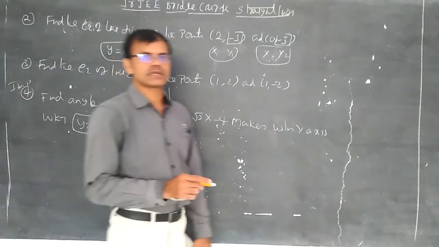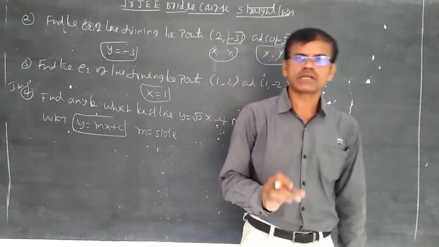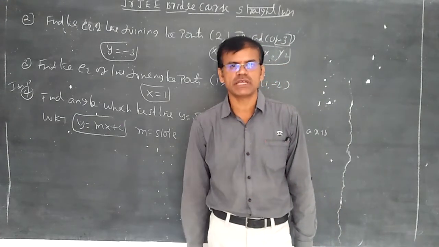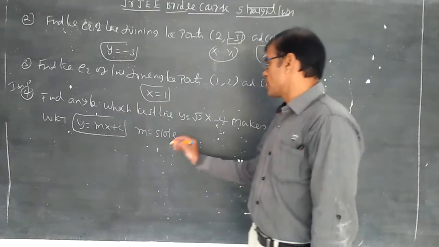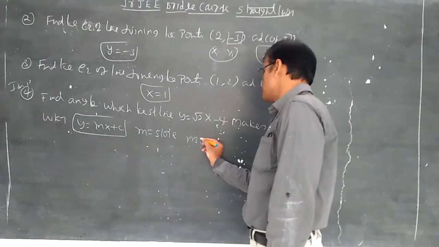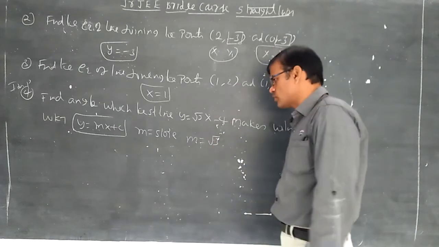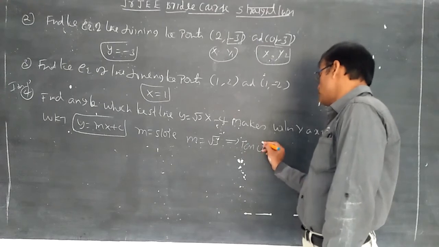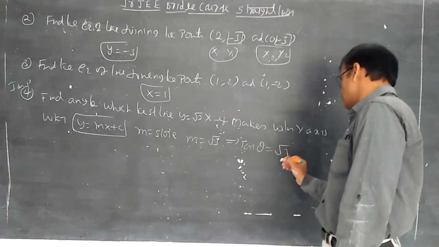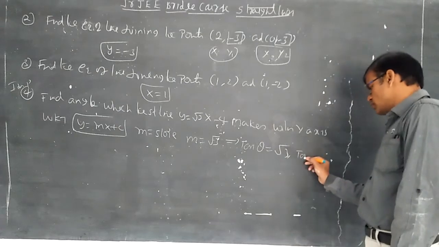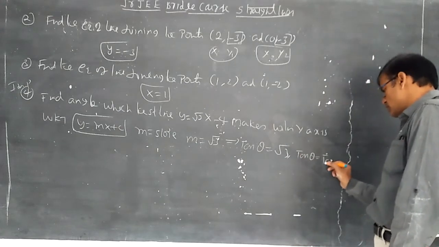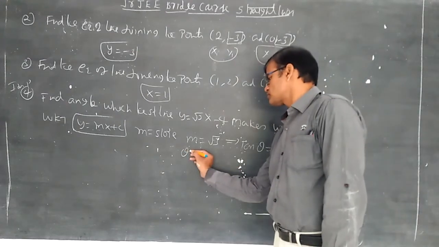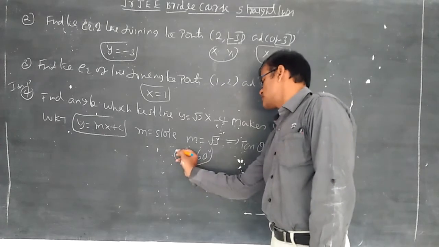Slope means tan theta, where theta is the angle made by the straight line with the positive direction of the x-axis. Now here m is equal to root 3, so tan theta is equal to root 3. We know the tan 60 value, I think you have learned trigonometry in 10th class. So theta is equal to 60 degrees.